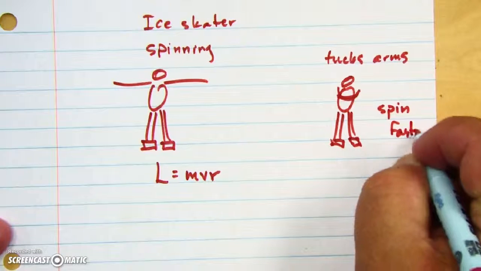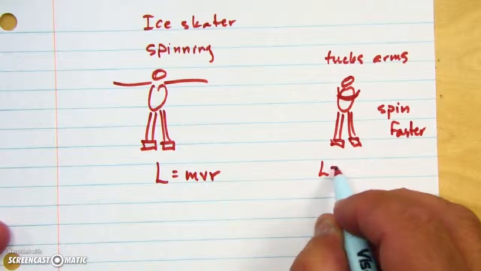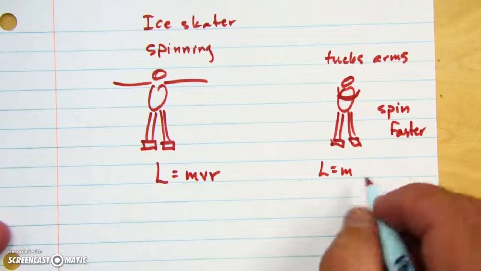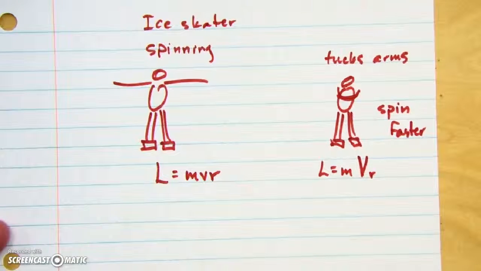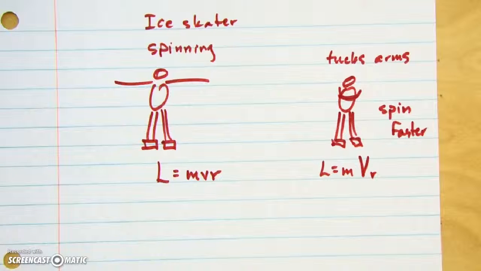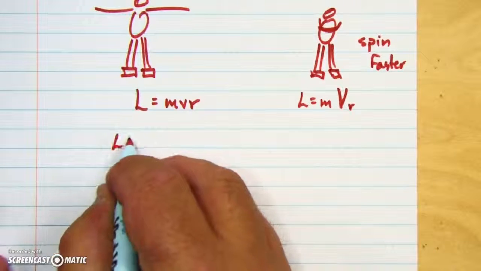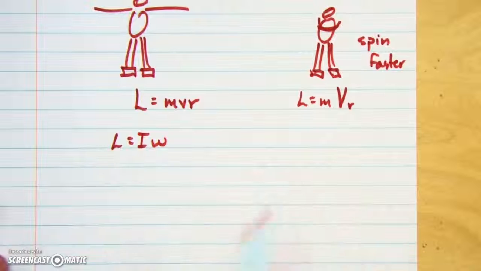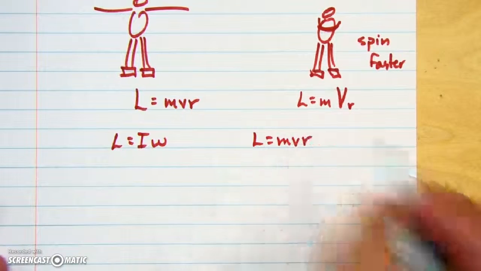We've all seen that when they tuck their arms in, because now L is equal to m times v times r. Well, v's got to go up because r is going way down when she changes her radius. So key thing in review real quick: the two equations we're going to use are L is equal to I times omega, and L is equal to m v times r.